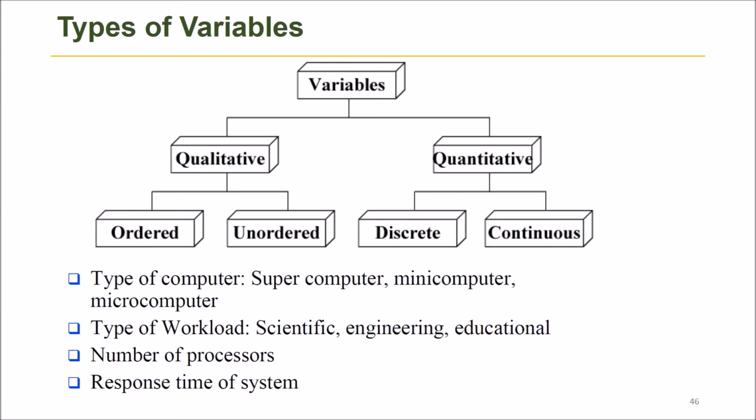For example, the number of cores of a processor is a quantitative discrete variable, but the type of application is qualitative unordered. Now, based on the variable type, let's see how to draw a good chart.